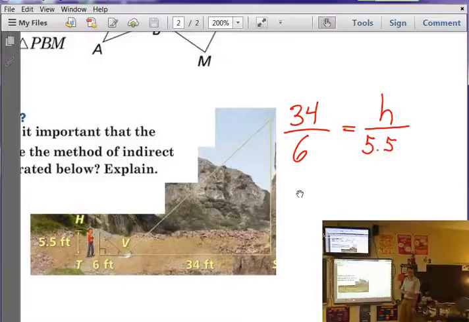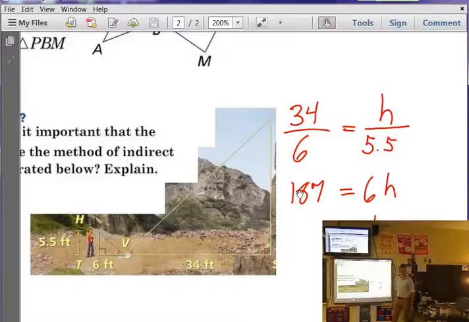Set up a proportion that relates the sides that I know have to have this relationship, because they are corresponding parts. So if I cross multiply, do you have 34 times 5.5? 187 equals 6h, and then we divide that by 6.